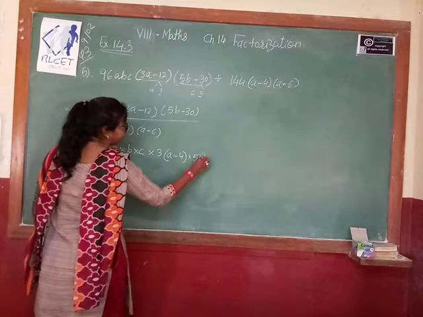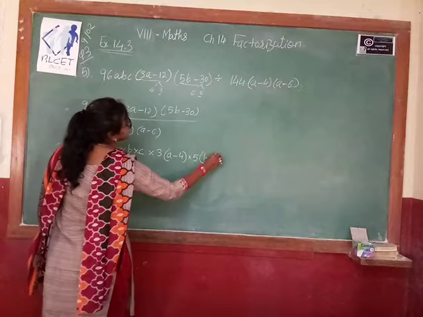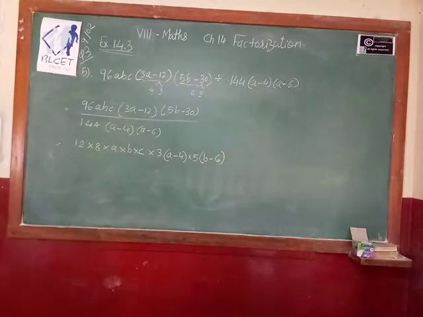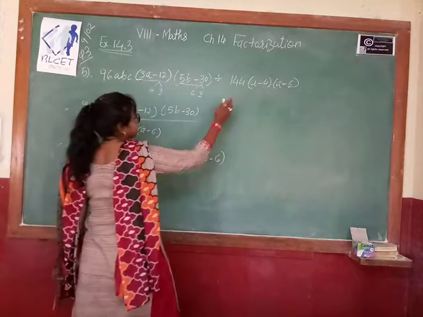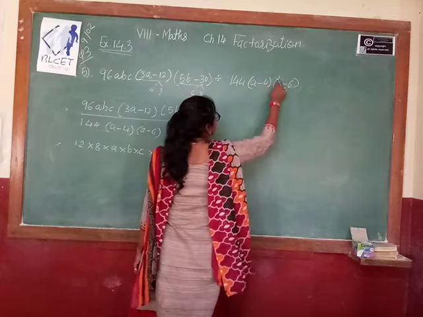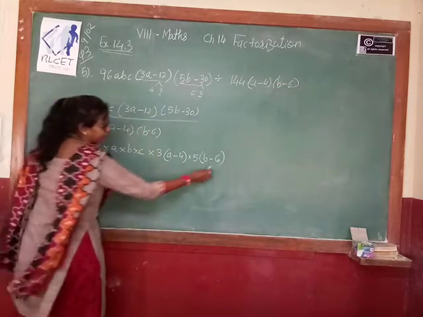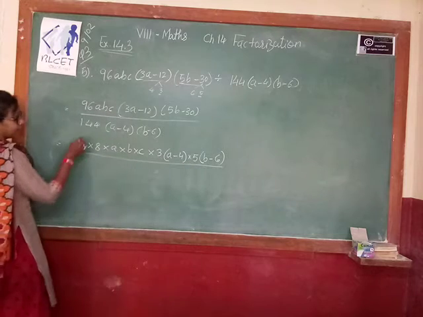So what is left? b minus 6. Okay. So here the question is b minus 6. Sorry, do the correction if you have written. Okay. Whole divided by 144.